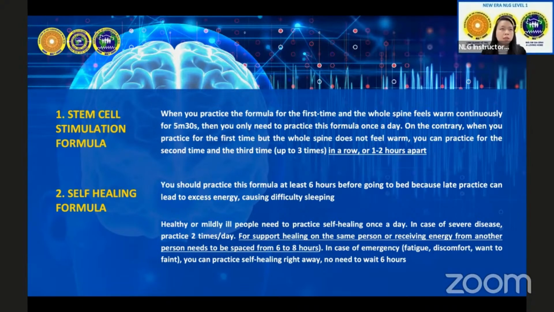And then maybe early in the morning, if you want to, you can practice another one if you need to, or you receive healing support from another person. Because these are all healing frequency: the self-healing, the healing that you get from another NLG participant, and also the healing that you get from Mr. Lei, they are all healing frequency.